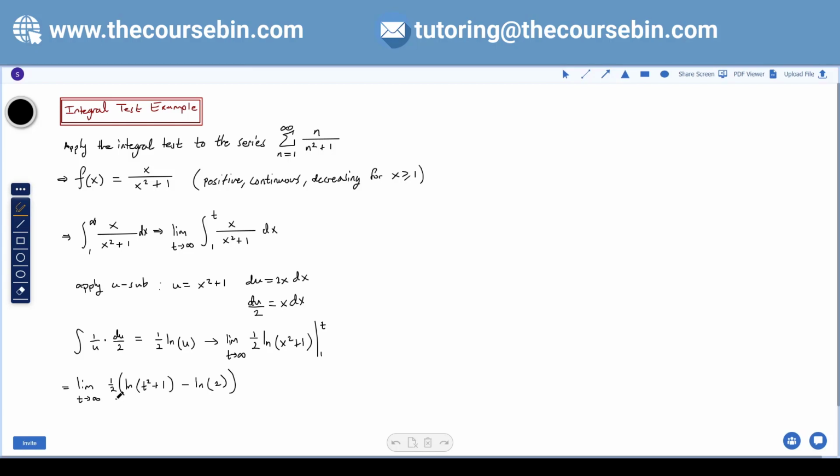Your natural log function grows, right, as your inputs grow. Right? So natural log function looks like this. So when t is infinity, what happens? It's not growing exponentially.